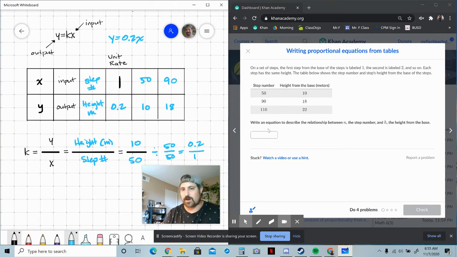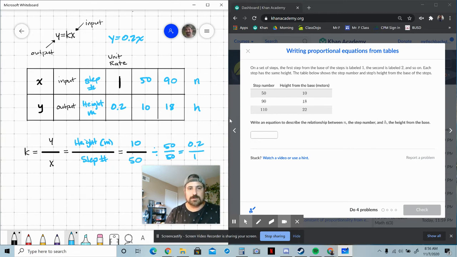Write an equation that describes the relationship between n, the step number, and h, the height from the base. So they want to change x and y to n and h. Let n equal the step number, and that means h is going to be the height. Let h equal the height. That's kind of sloppy looking, so let's write that there. n and h. That means our x is going to be replaced with n in our equation.